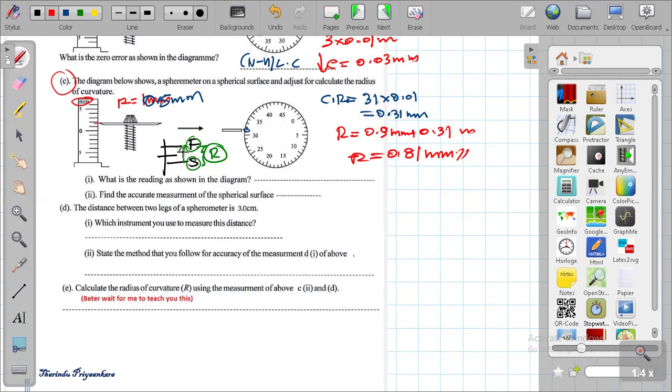It is an addition method. So the actual reading is 0.81 plus 0.03 millimeter. So the actual reading is 0.84 millimeter. Understand?